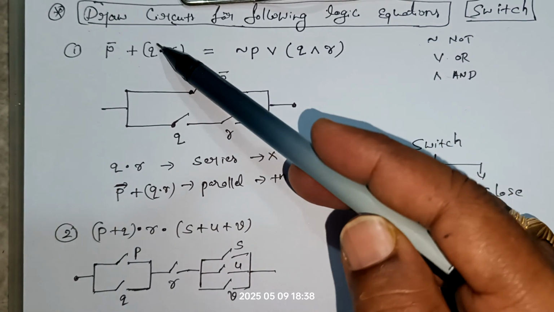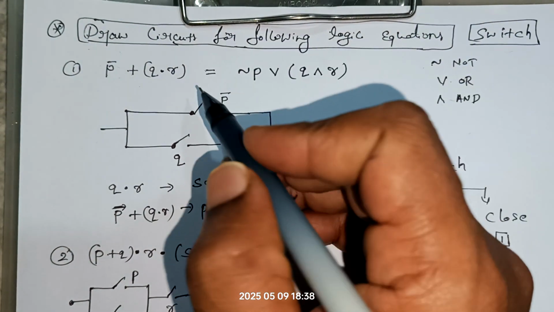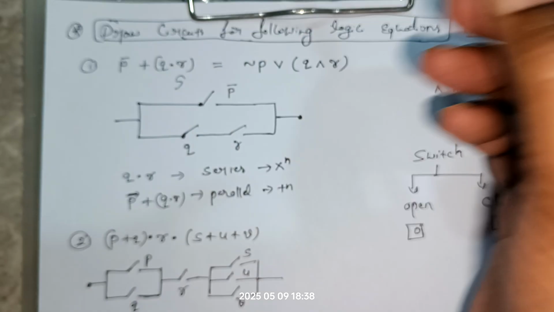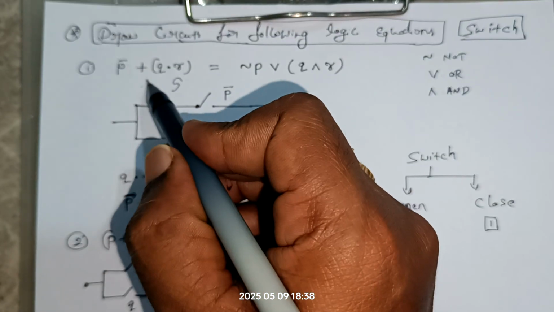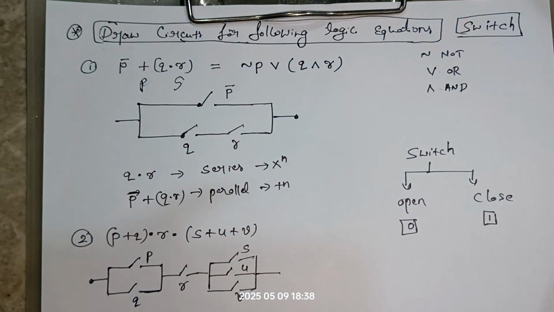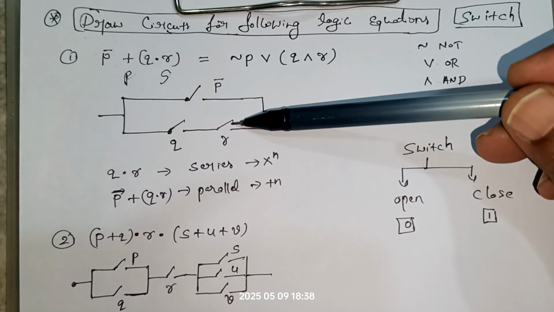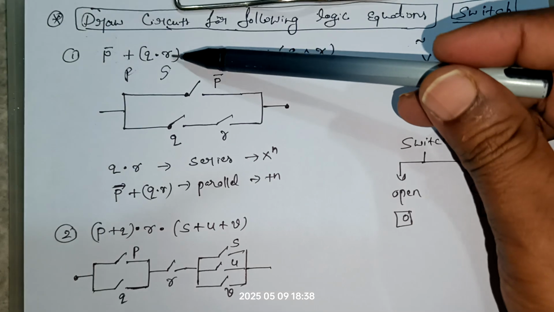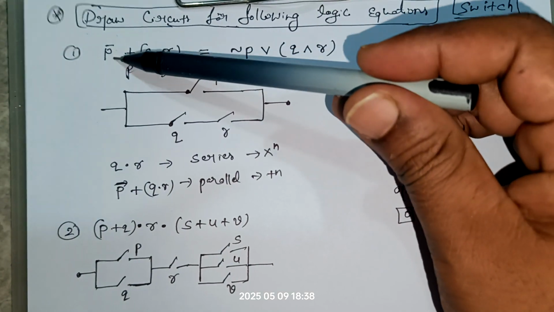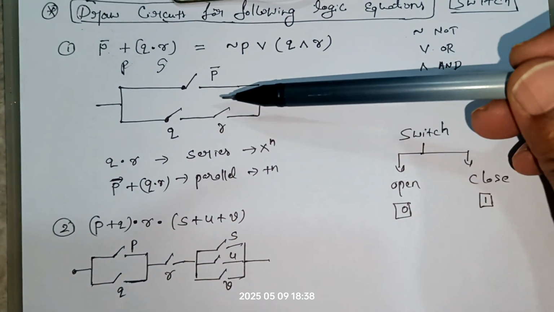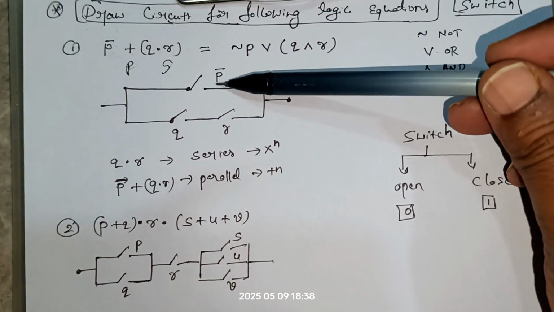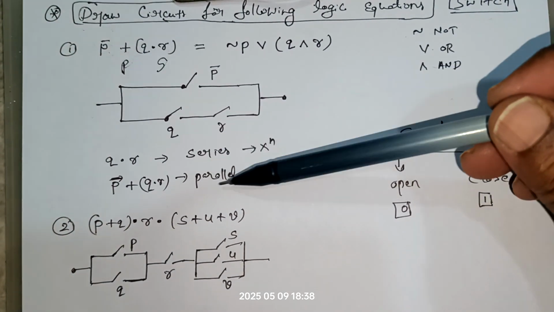When it is multiplication, it is series. When it is addition, it is parallel. So here we search for the multiplication QR, so it is series Q and R. This Q and R is in parallel with P bar. So that's what we have written here.